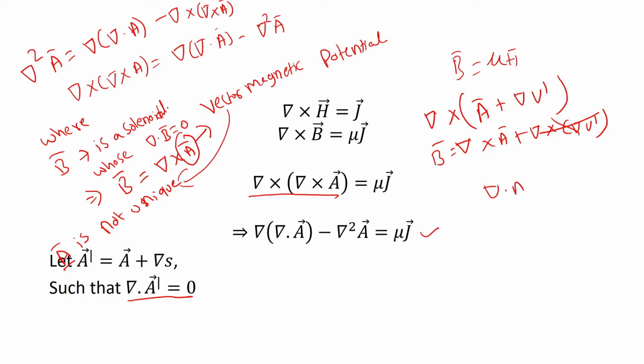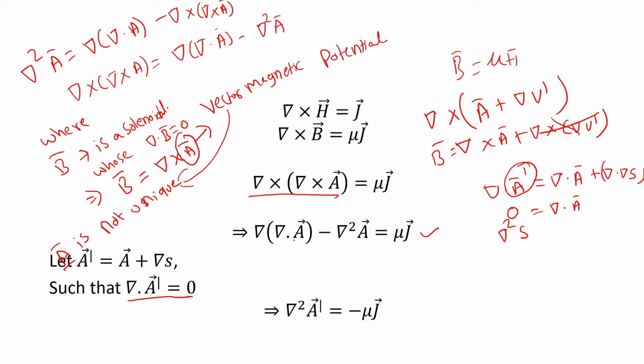Because del dot A bar prime would be equal to del dot A bar plus del dot del S. So, if this is to be 0, that means del dot A bar would be equal to minus del square of S. So, if I choose a scalar field like this, which is quite possible, whose Laplacian is equal to the divergence of the magnetic potential, then for the updated vector magnetic potential, the divergence of it would be equal to 0.